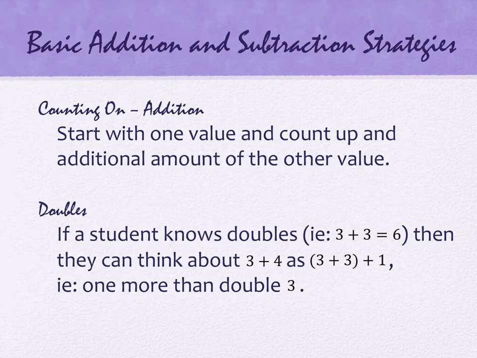So when we have like 3 plus 4, they think about it as 3 plus 3 and then plus 1. Okay? So it is a strategy. It helps some students. So whether we like it or whether we don't isn't really the point. Okay? The point is that it's an additional strategy. Okay? So if you knew what 3 plus 3 was and you wanted to do 3 plus 4, you just add 1 on to your sum that you know.